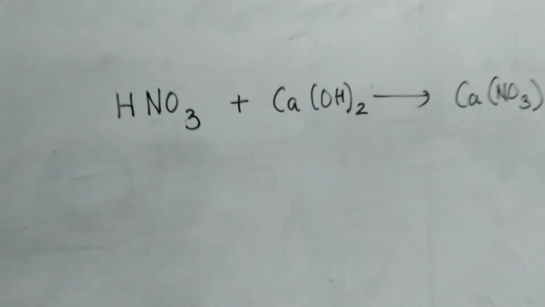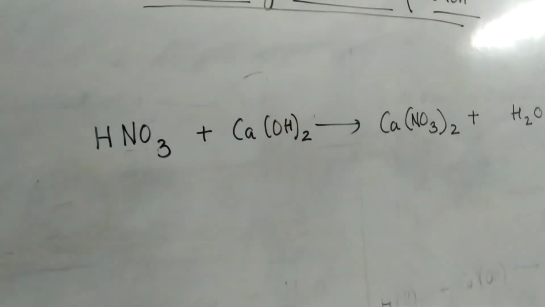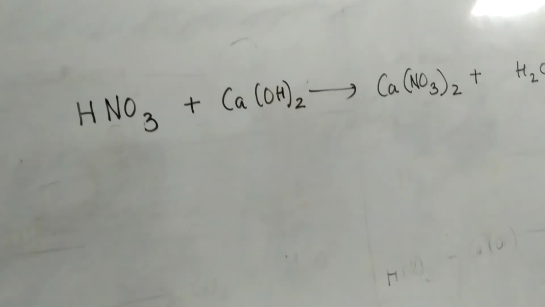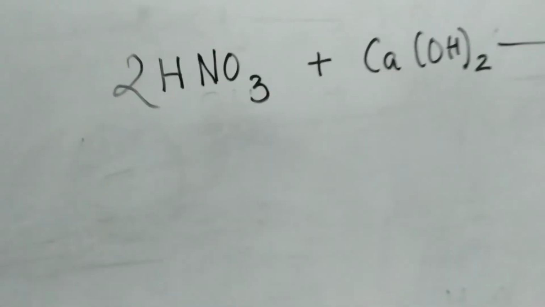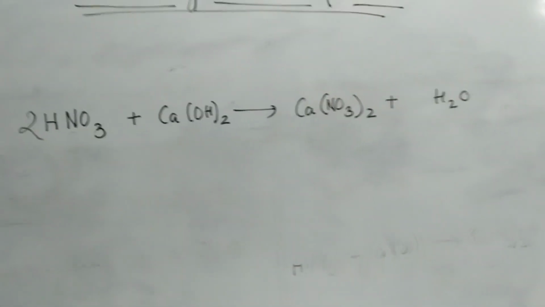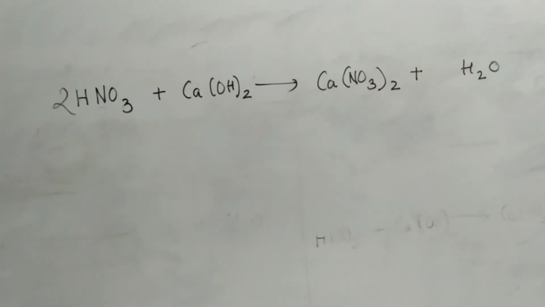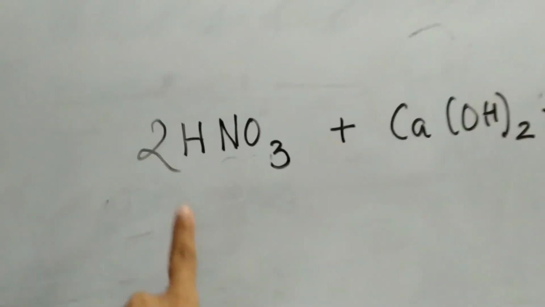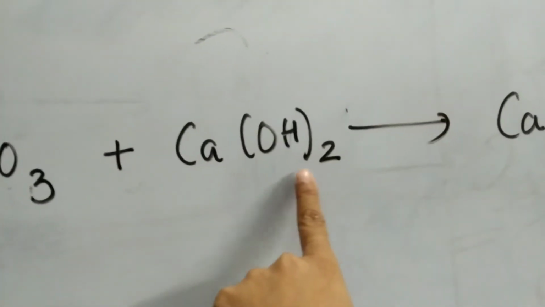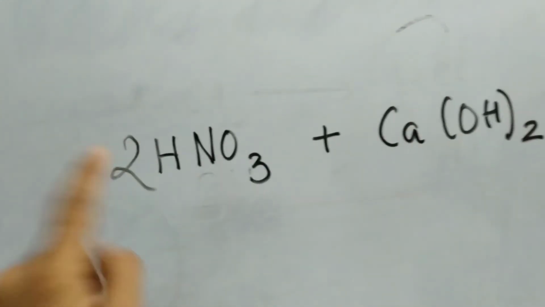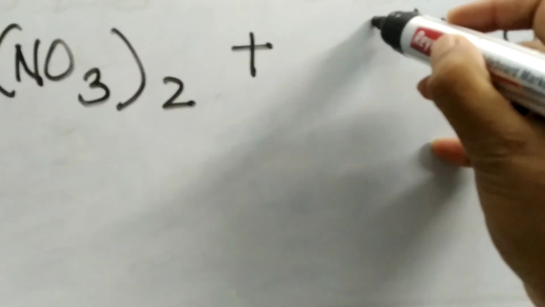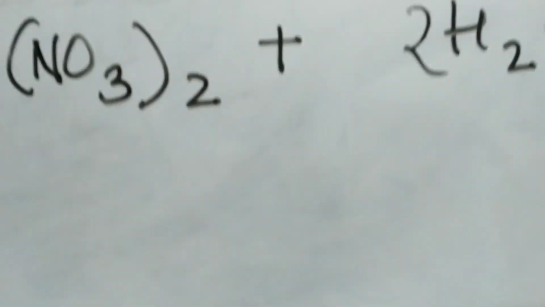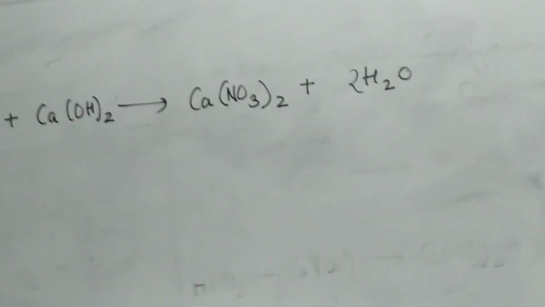So let's try to make the whole group 2 for balancing. I'm putting a 2 here. Fine. Now as soon as you put 2 there, this hydrogen becomes 2, this hydrogen also becomes 2. 2 and 2, it's 4. But I have only 2 hydrogen here. Let's make it 2 to the 4. Fine.